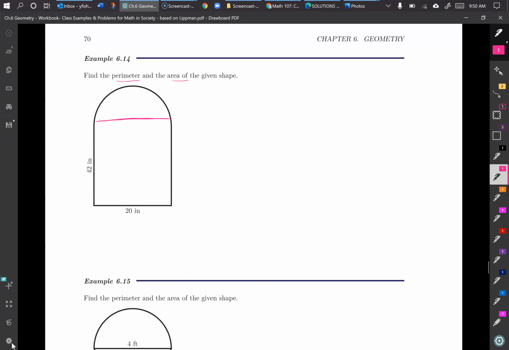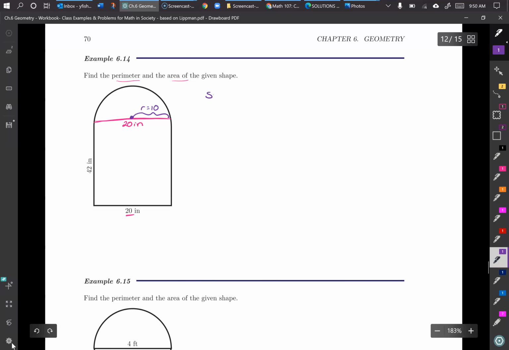So if we can figure out what this is by knowing this is a rectangle, the opposite side will be 20 inches for that whole piece. So halfway across is going to be our radius, so r equals 10 on that. And then we can figure out the semicircle.